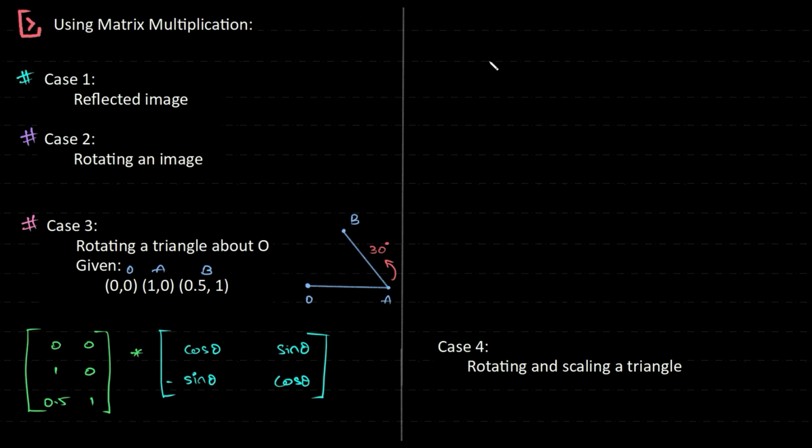Now, if I want an angle of 30 degree rotation, so this set of values will turn out to be something like cos 30 degrees, root 3 by 2, that is 0.87. You guys need to memorize all of these values. This is 0.5. This is minus 0.5 and this is 0.87.